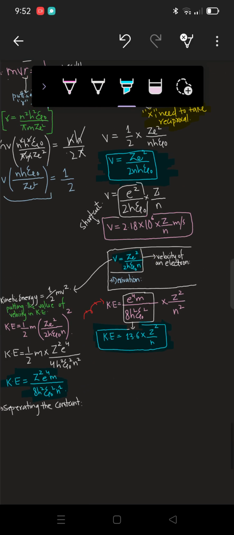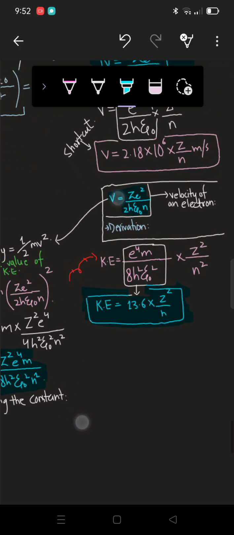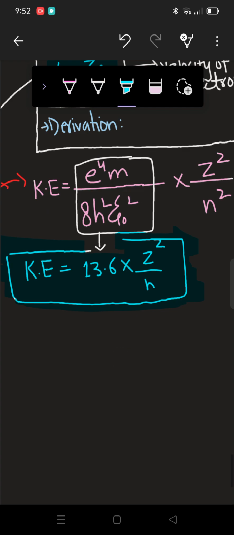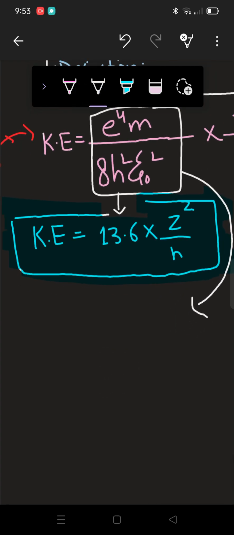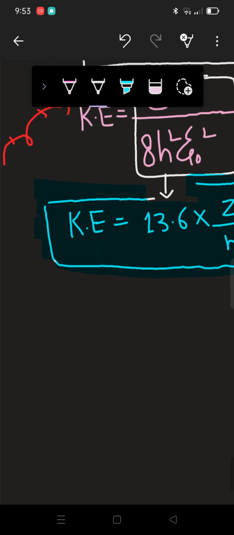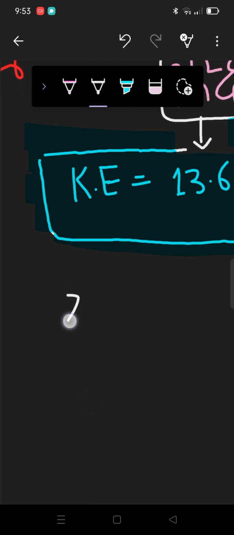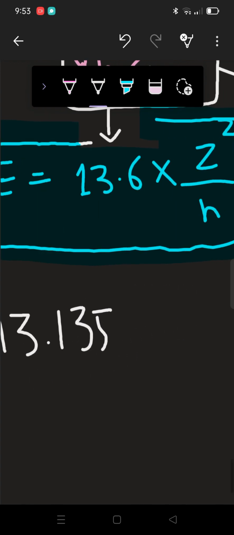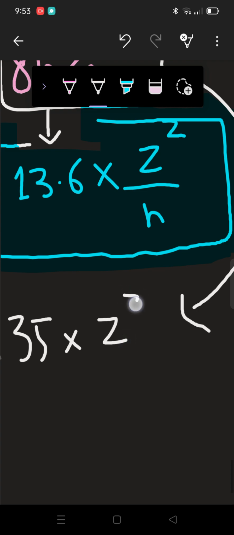Now suppose if you are given something in kilojoule per mole, if you want to find the value of kinetic energy in kilojoule per mole, then this whole constant value will be equal to 2.178 into 10 to the power minus 18 joules. That would be equal to, or I should directly write the constant value, and that is equal to 1313.135 into z square upon n square.